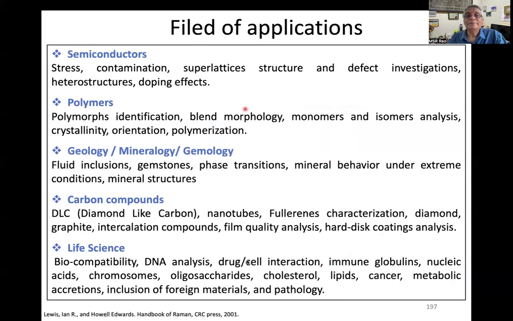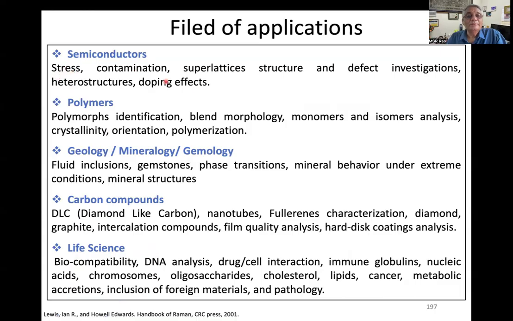What are the fields of applications? Plenty. Semiconductors, polymers, geology, mineralogy, gemology, carbon compounds, all the research related to carbon materials, carbon electrodes. You need Raman spectroscopy. Life sciences, right?